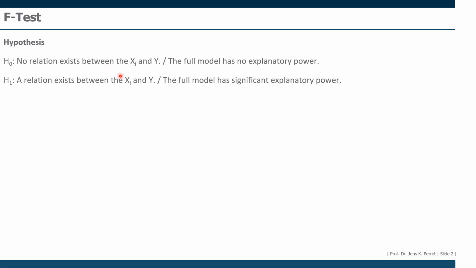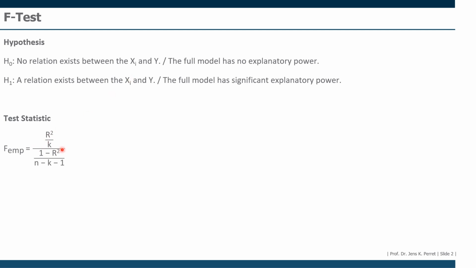Well, how do we go about this? We first calculate the test statistic, which for the F-test looks like this. I said it's focused around linear regression. That's why here we already have our R squared, the coefficient of determination. We're going to divide this by the number of x variables, so by the number of independent variables.